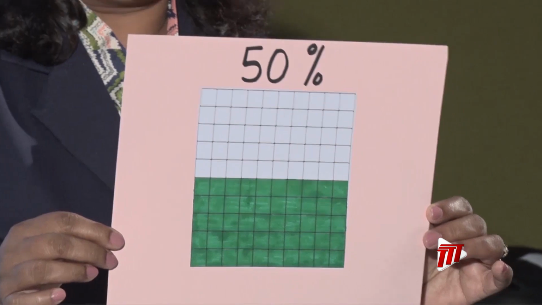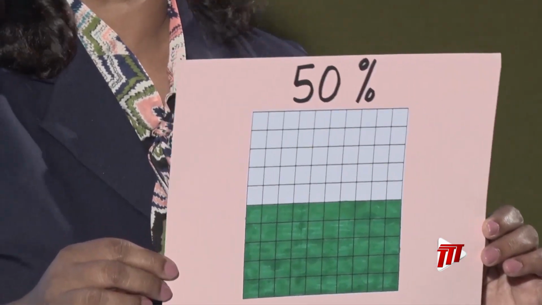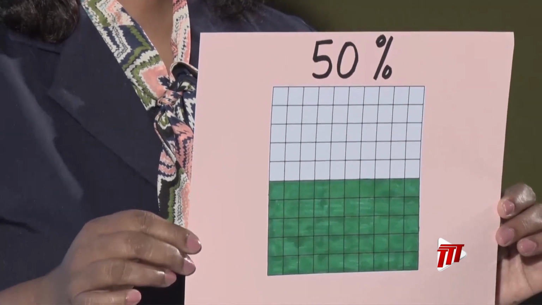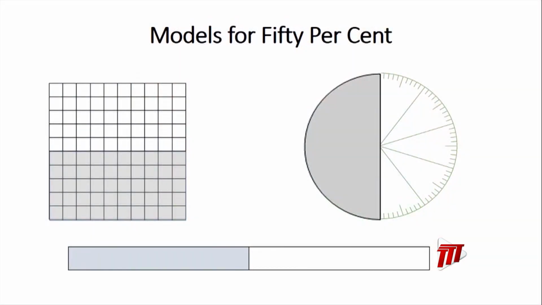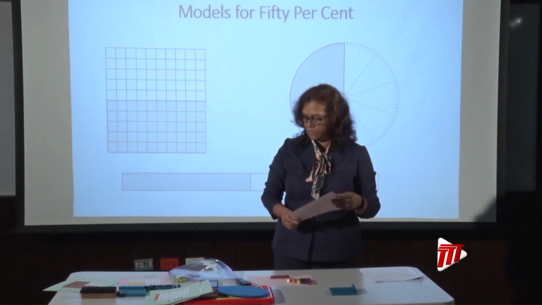I have my grid of 100 squares and 50 of those squares are shaded. So this represents 50%. It also represents a half, and it also represents 50 hundredths. It represents 5/10. And all those fractions are related to the 50%.